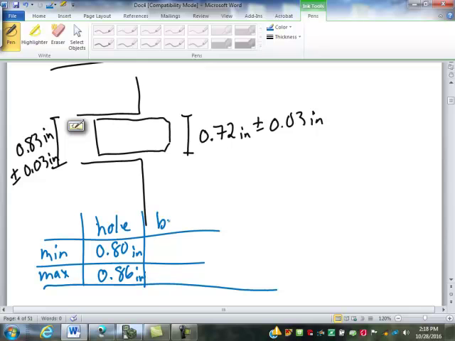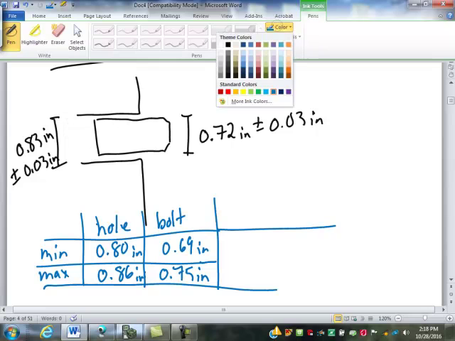For the bolt, what is the minimum size of that bolt going to be? 0.69. And the maximum? 0.75. So now we want to talk about clearance.